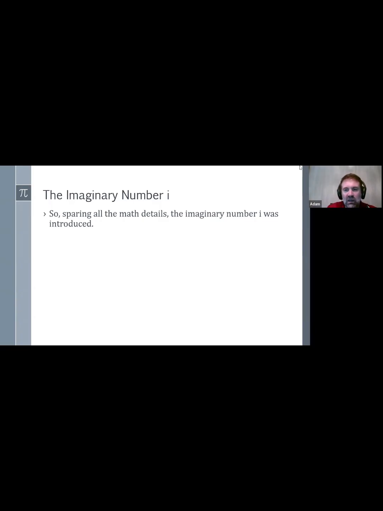They called it i, just to solve the equation, and everything worked out well that way. And when you do it with quadratics and other higher power polynomials, they had to use this imaginary number in order to get the result.